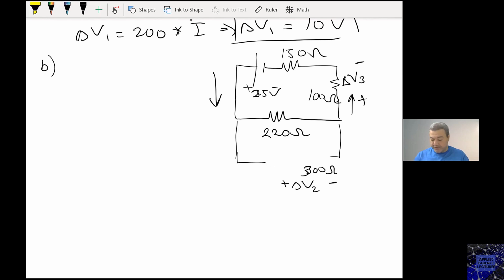And the ammeter here, I need the current in this branch. We'll call this one I2, this one I1, and of course this also is going to be I1 because it is the current that's going to split into the 220 and 300 and recombine again. So this is I1 and this is I1, right?